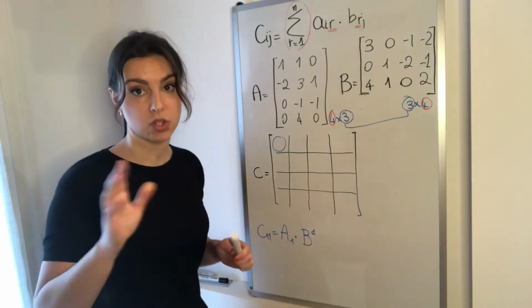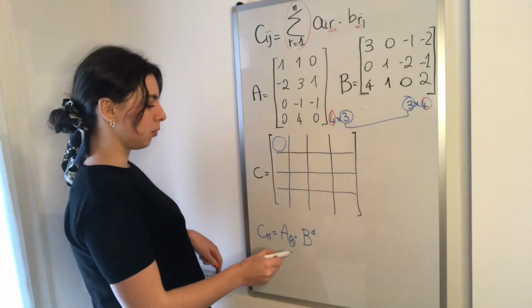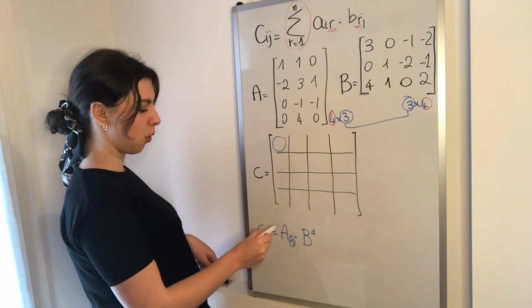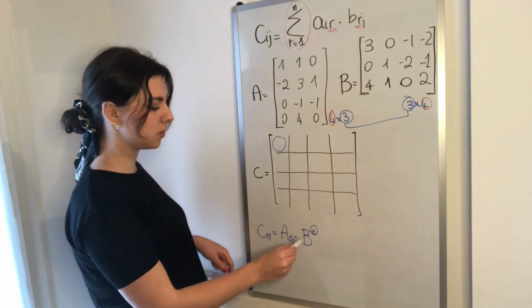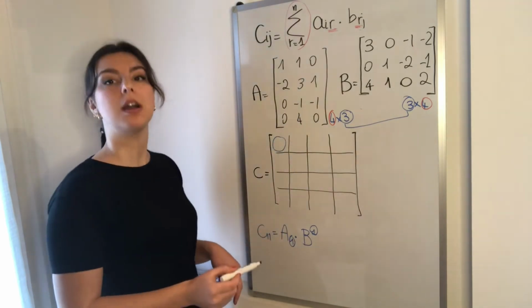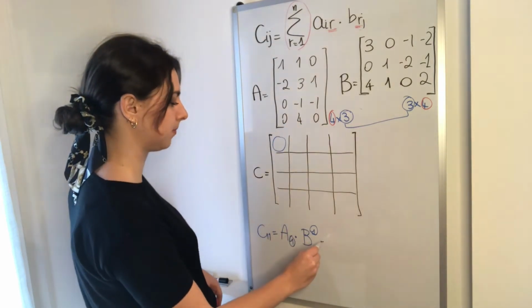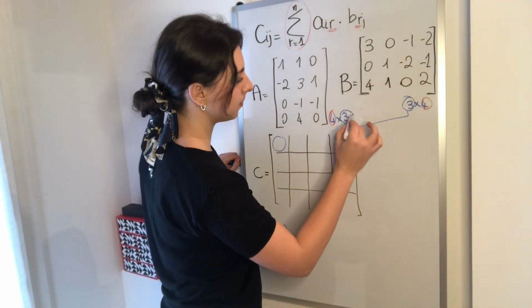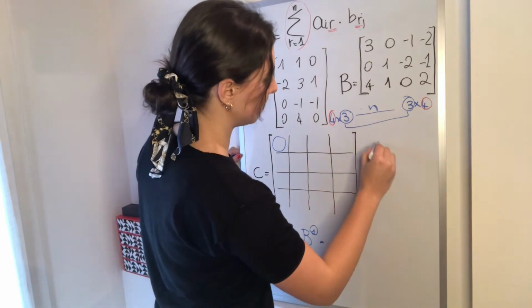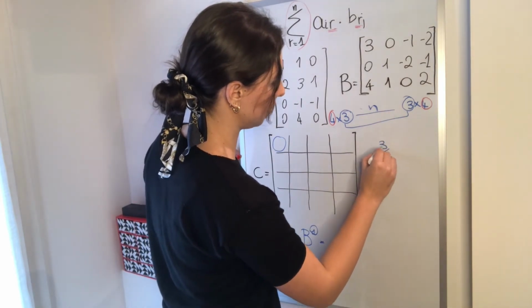because as we saw, using the number here refers to the row of this matrix, and using the number here you refer to the column. So this is the first row and the first column, and in this case N is 3. Our summation will go from 1 to 3.